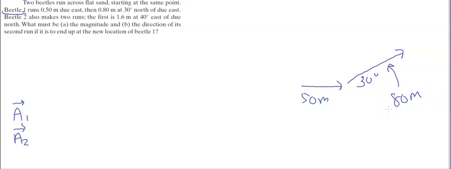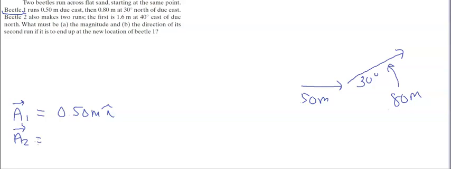Alright, let's write each of those runs in unit vector notation. Run 1 only has one component, so that is going to be 0.50 meters i hat. And then for the second run, we're going to need to use some trig because it's going in 2 dimensions.